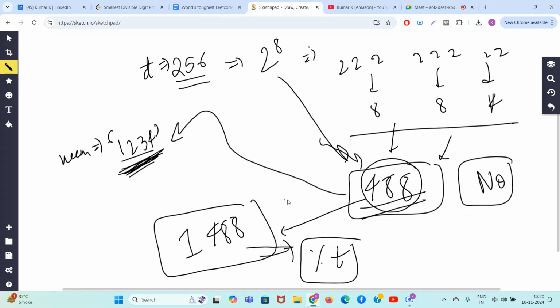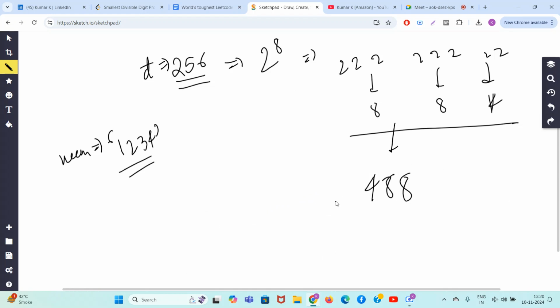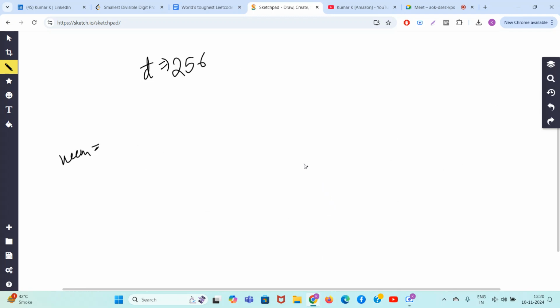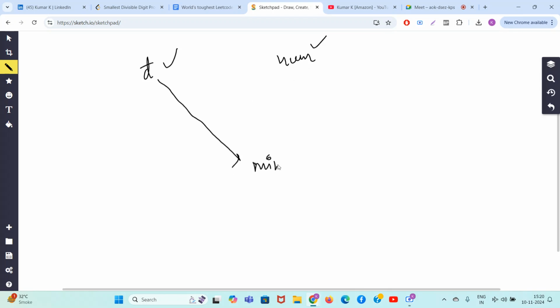Yes, sir. And everything is happening so nicely in this problem, right? So the thing is that you need to be very careful now. So what will be the solution now that we are given a t and we are given a very big number whose length can be as long as 10 raised to 5? First I will find the minimum answer. I know how to find the minimum answer by doing the prime factorization, then doing the clubbing.